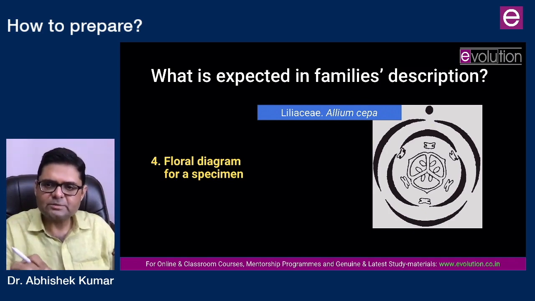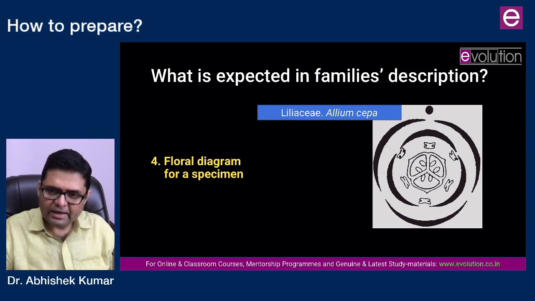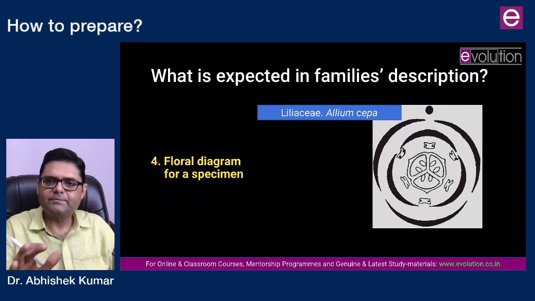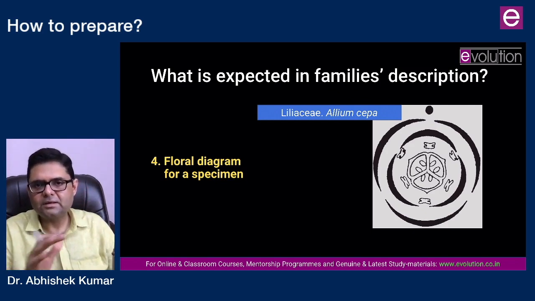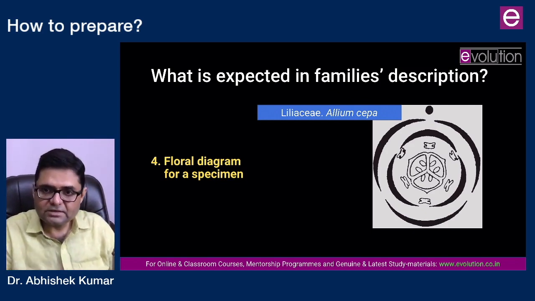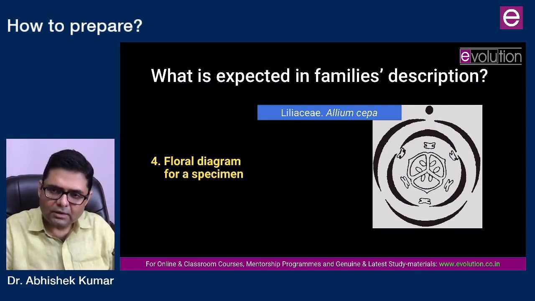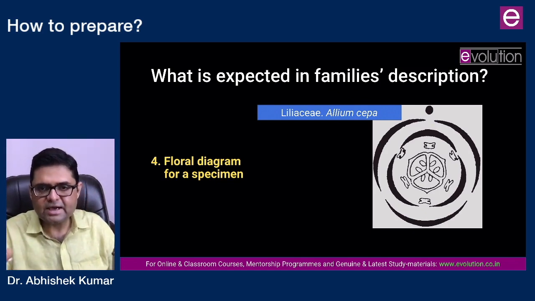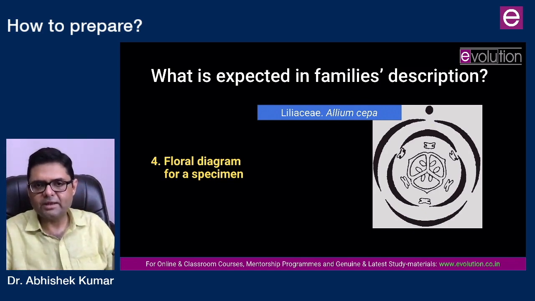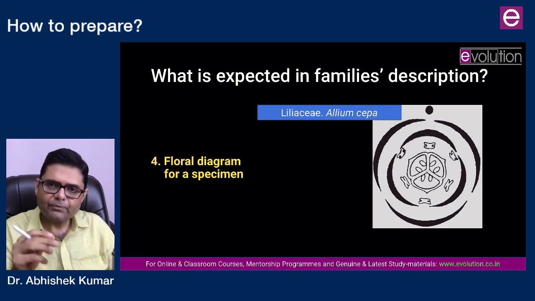For example, this floral diagram does not depict the entire family Liliaceae. It depicts only the species Allium cepa, that's the onion. So that is how we have to deal with the floral diagram and floral formula. Diagram for a particular species, diagram cannot be for the entire family, and formula can be for the entire family.